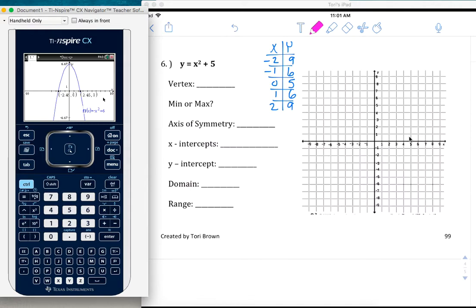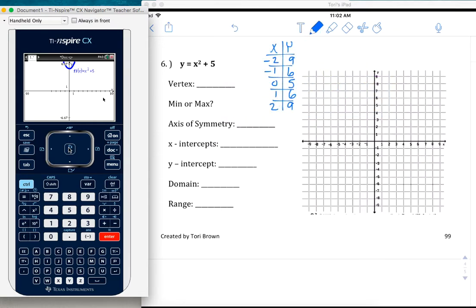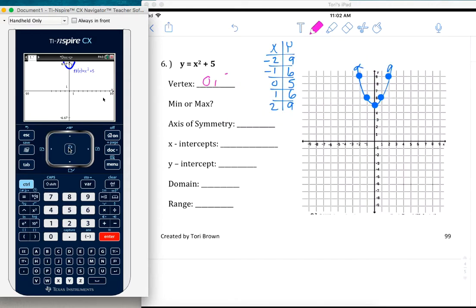So number 6, take a second while you graph that while I delete these. All right, so if we graph with our table, we are way up here. Our graph should look like it's floating up on the top. So we can see our vertex. 0, 5 is our point up top.